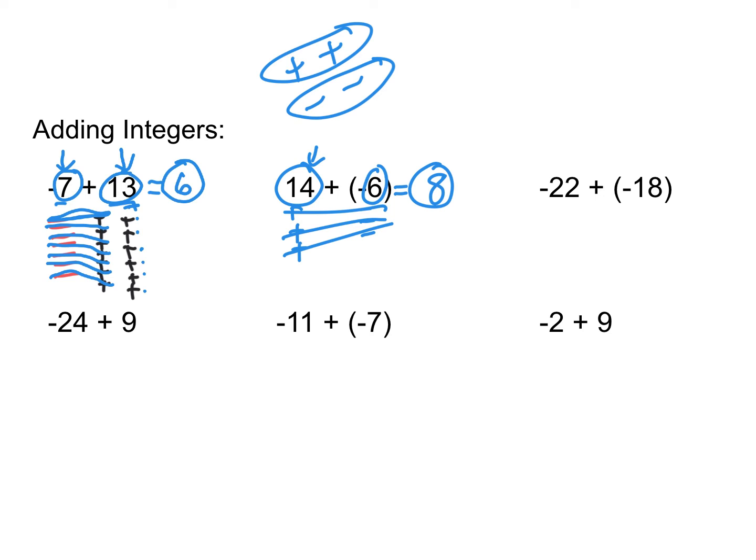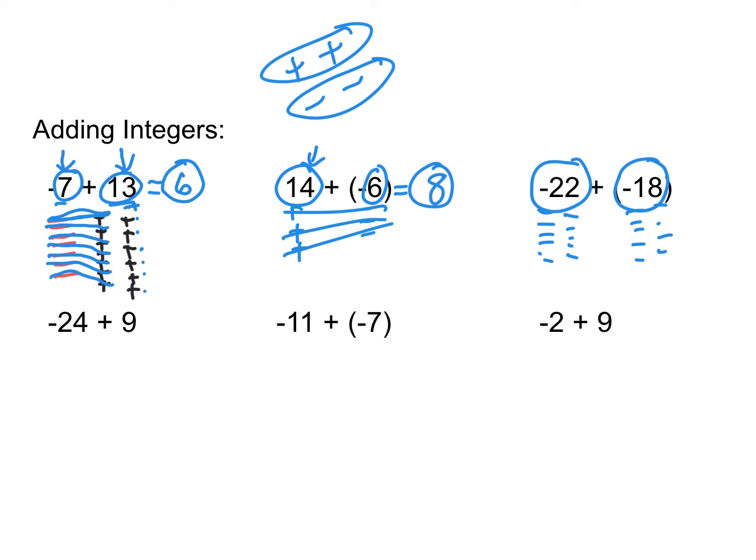It's a same sign one. Same signs, add and keep. Different signs, subtract. Keep the sign of the higher number, then you'll be exact. So it's saying same signs, add and keep. What that's saying is if I have 22 negatives over here and I'm not drawing them all out and 18 negatives over here, nothing cancels out. So I'm going to take these 22 negatives and these 18 negatives and put them together.